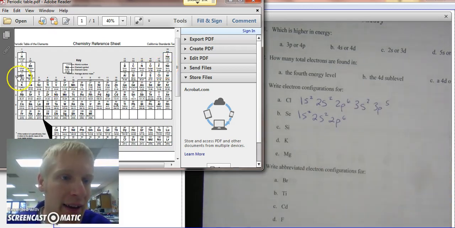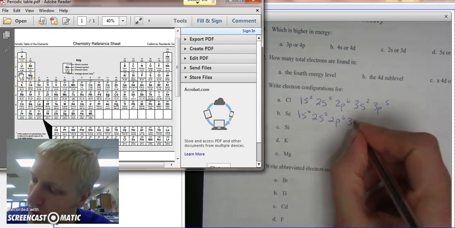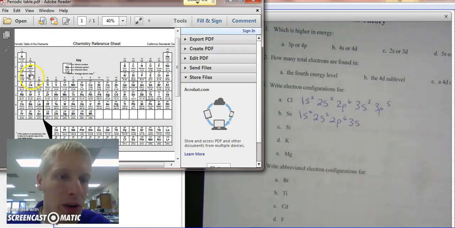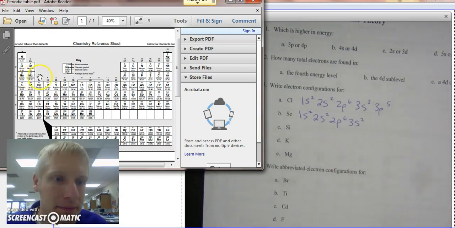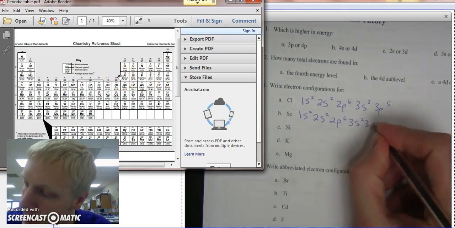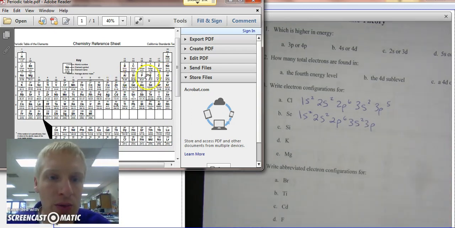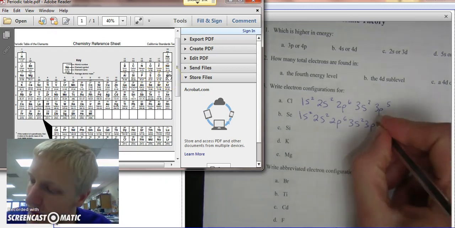Keep on going because I haven't hit selenium. I'm in the third row here. It's in the S section, 1, 2, S fills up, and I continue on still in the third row, but now I'm in the P section, so it's 3p, 1, 2, 3, 4, 5, 6.